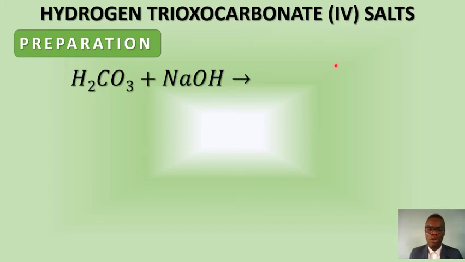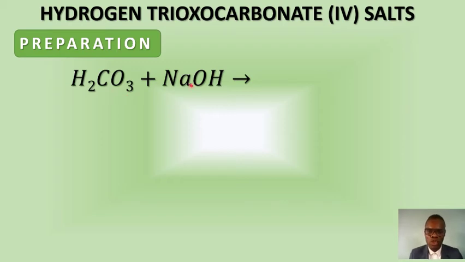When you have this, the metal will replace the hydrogen ion in this trioxocarbonate 4. Now, because it's an acid source, you should know that it is not going to completely replace all of them. It will replace just one. And for this to occur, this reagent here, sodium hydroxide, has to be in a limited supply in relation to the amount of the acid.